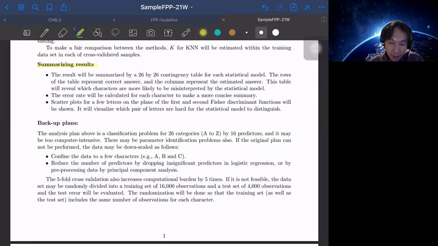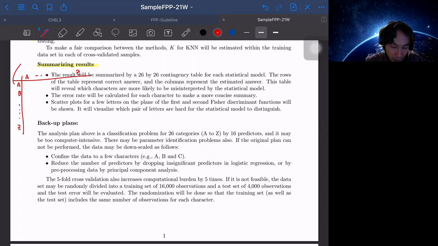And how to summarize data, you can set a plan. We have 26 categories. So we have the correct label A to Z and the predicted label A to Z. So we have a matrix, a contingency table.